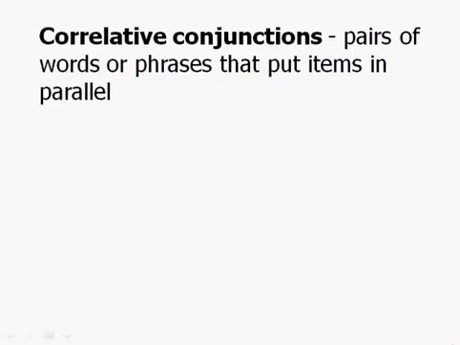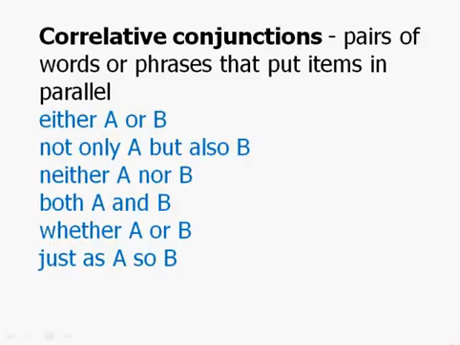The second type, correlative conjunctions, are pairs of words or phrases that put items in parallel. And so this is the list of all the important correlative conjunctions. These first 4 have the same kind of flexibility that we talked about with the others.